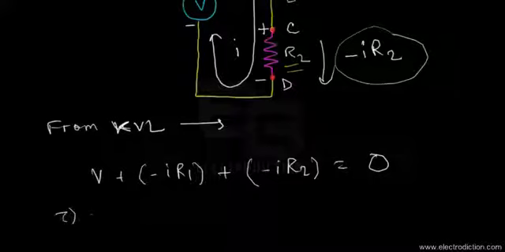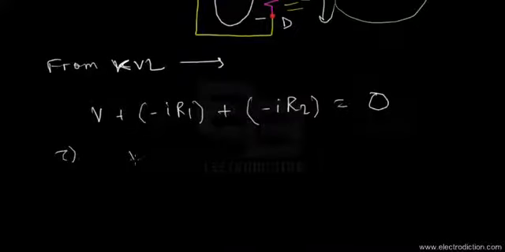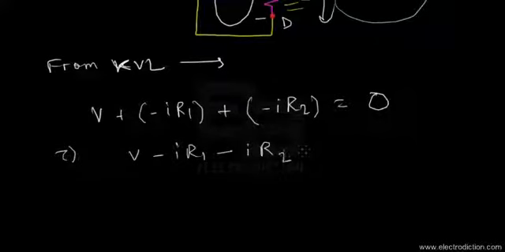Simplifying this whole thing together, we get V minus IR1 minus IR2 equal to 0.